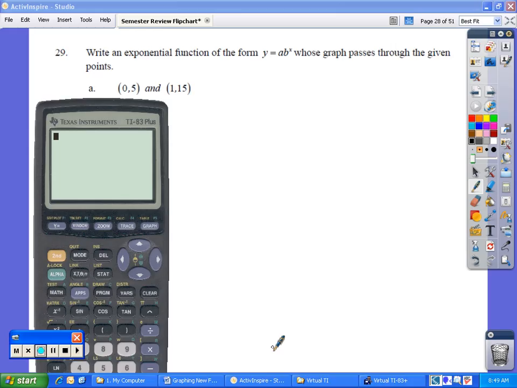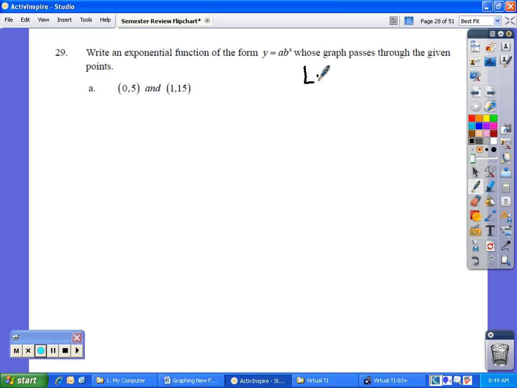So what you're going to do is create in your calculator the L1, L2 chart. The (0, 5) goes in first, and the (1, 15) will go second.